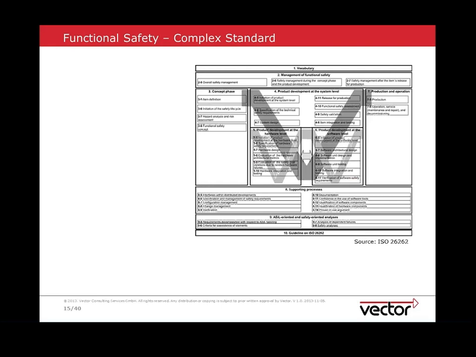There's a set of 10 different books, which you can see on the picture, with some general topics like vocabulary, the guidelines, how to use it, then specific analysis like the ASIL classification, and then we have the life cycle, which starts with concept, has the product development with system, software, hardware, and production operation, the management of functional safety, this is safety management, safety culture, and finally the support process such as config management, tools, etc.